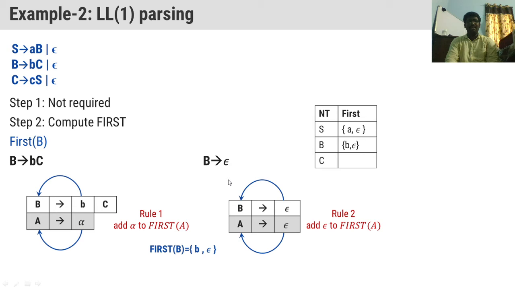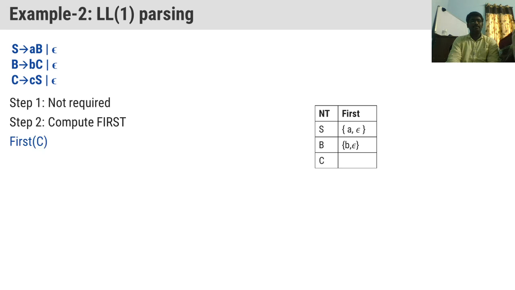Now you can predict, right? You can predict what is the first set of capital C. First set of capital C is small c comma epsilon. Why? Because capital C is having two productions, CS and epsilon. In this production, the starting symbol is small c and here the starting symbol is epsilon.